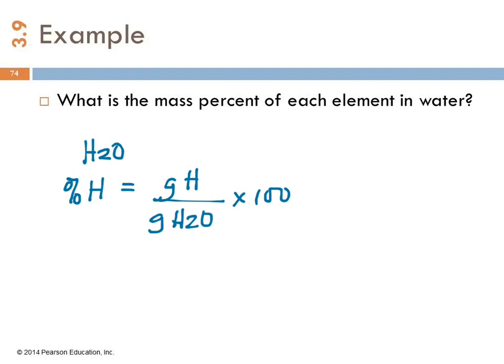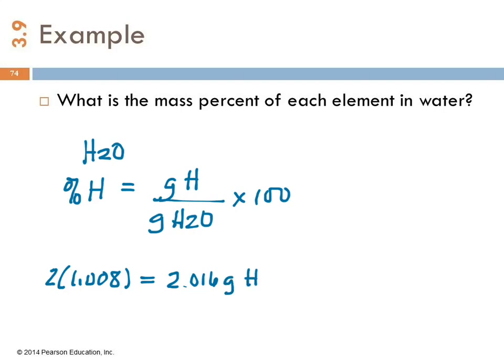Well, they didn't give us any masses, did they? So this is where we say, well, let's just choose a sample size. Let's just say 1 mole because it's easy. Well, what's the mass of hydrogen in 1 mole? How many moles of hydrogen are in 1 mole of water? 2. So 2 times the molar mass of hydrogen gives us 2.016 grams of hydrogen.